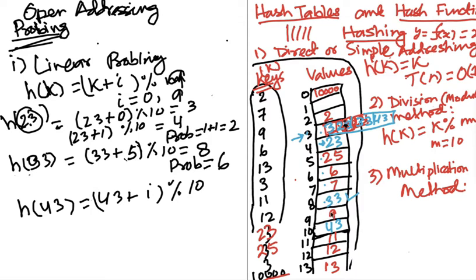Okay, one more thing, maybe I made a mistake at the beginning. Since this table should be better if we have 0 to m minus 1.